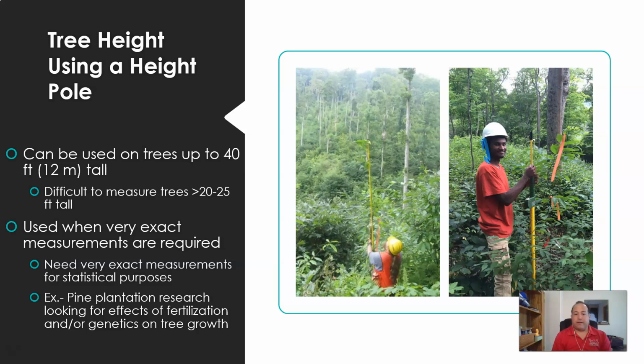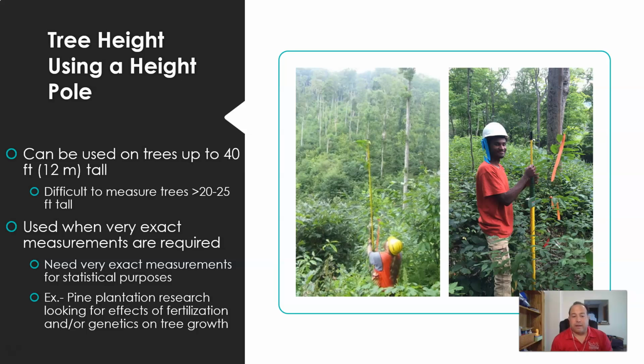Whereas if we need to know that it's 5.25 feet or 5.75 feet, the height pole would give us a more accurate number. So to give you an idea of when you would need these more exact measurements.